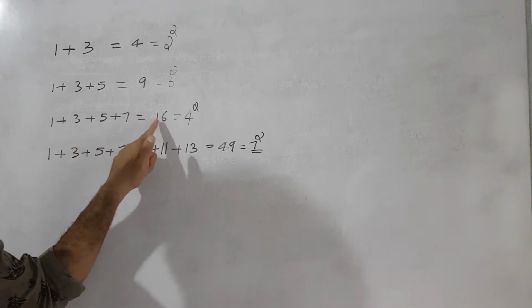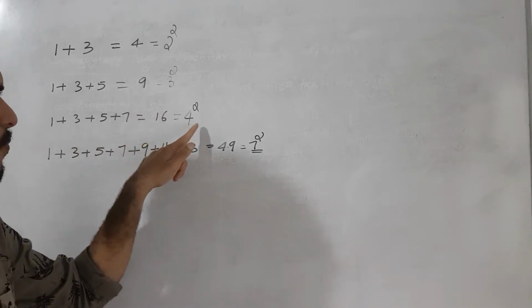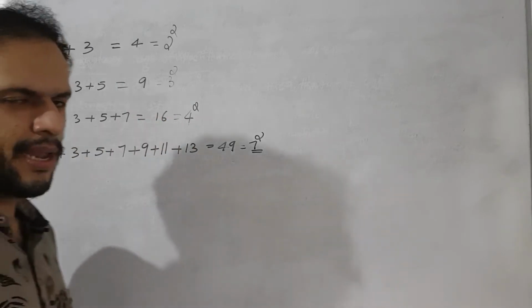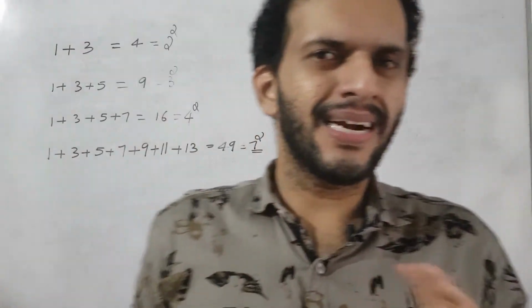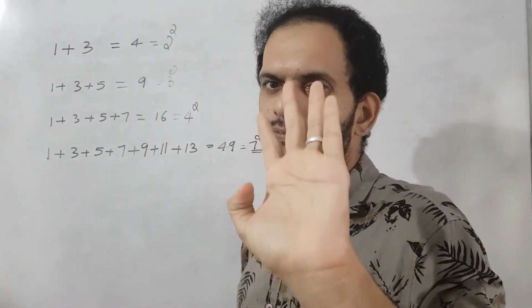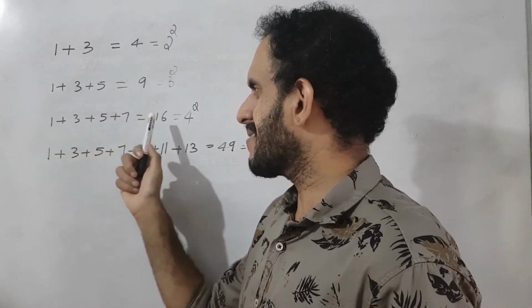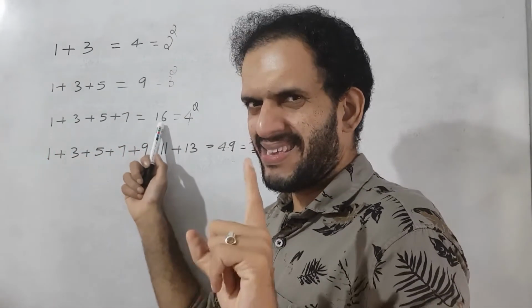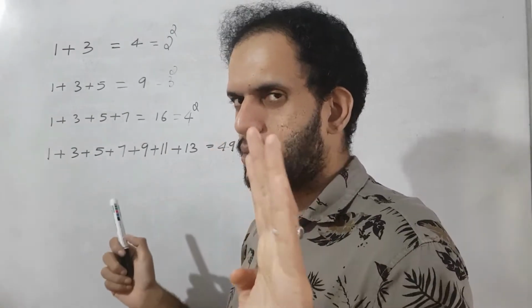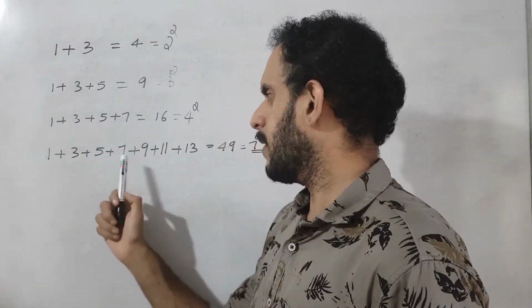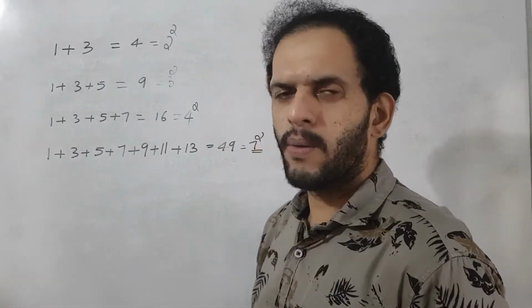The result is 16. What is 16? 16 is the square of 4. In the third example, we use only 4 odd numbers. The result is 16. 16 is the square of 4. Then the last one. How many odd numbers do we use here?